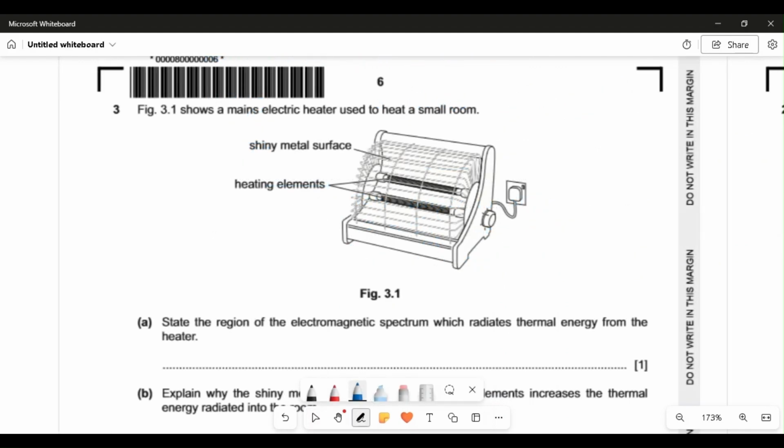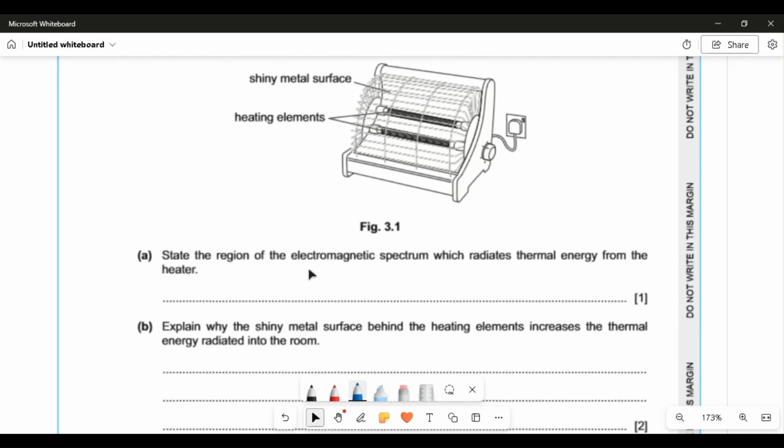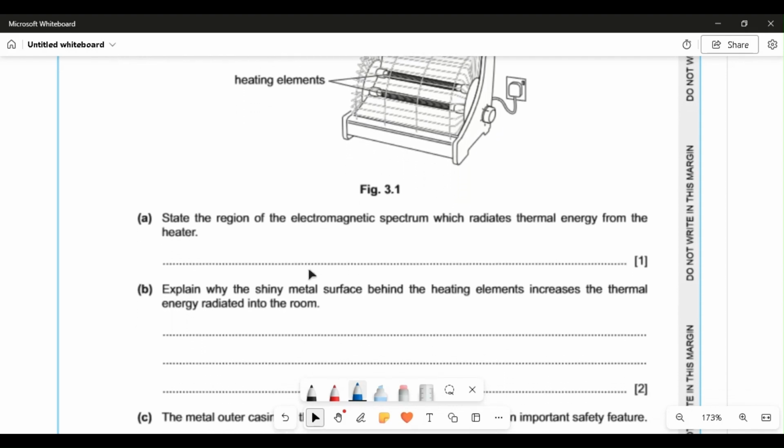Question number 3. Figure 3.1 shows a mains electric heater used to heat a small room. In the figure, we can see there are two heating elements and there is a shiny surface behind them. State the region of the electromagnetic spectrum in which the heater radiates thermal energy.